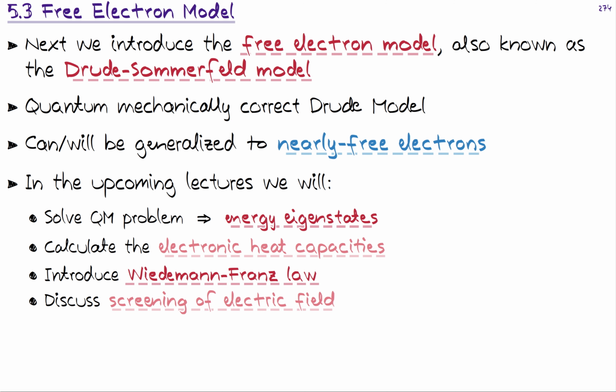The final lecture explains how this seeming discrepancy in our treatment is actually not bad at all, so it motivates our assumption of freely moving electrons. So please bear with me all the way to the final lecture on our section 5.3.